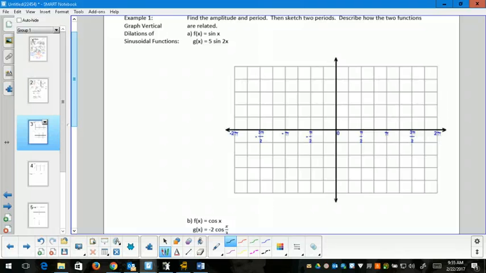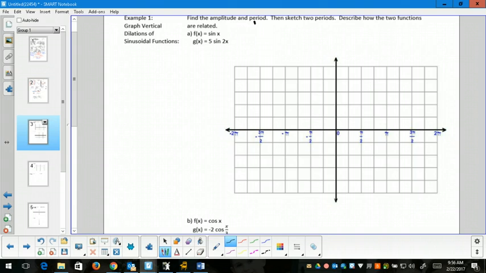We know that that starts at 0, 0, and we can make a table if we want for sine, and then change that table to get 5 times sine of 2x. First off, we expect with the 5 there to be a vertical stretch, and with the 2 there to be a horizontal compression. So our period should actually be shorter.